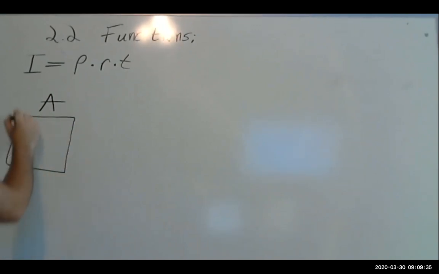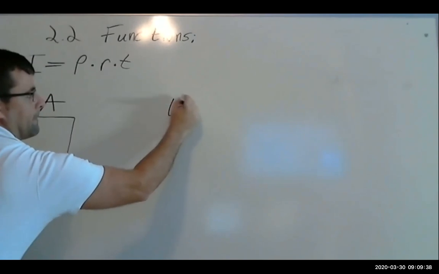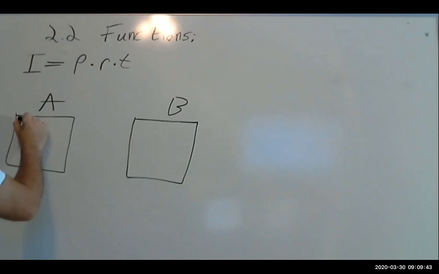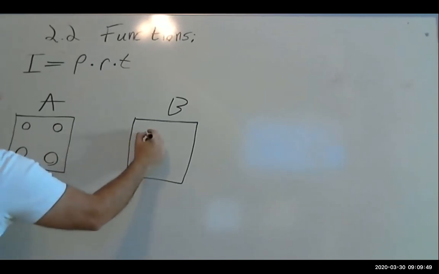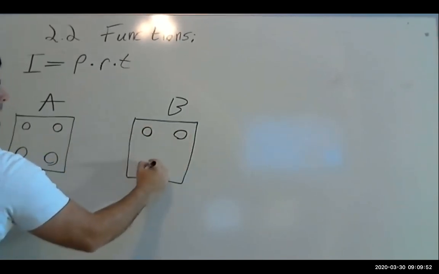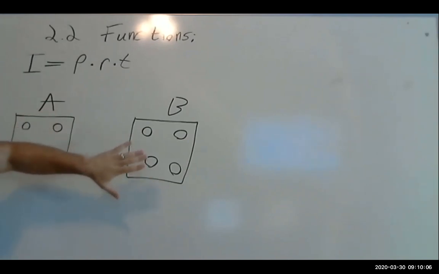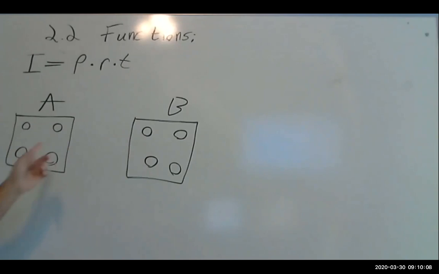This is a more technical definition. So a function takes something from the set of inputs, and what we call maps it, turns it into something in the set of outputs.